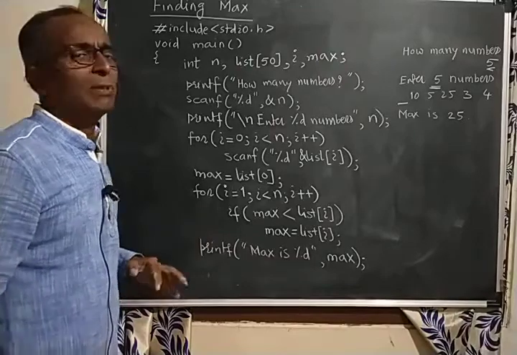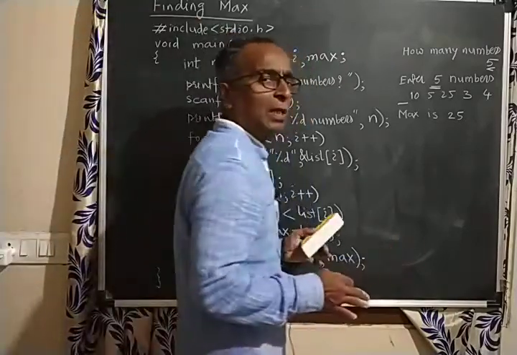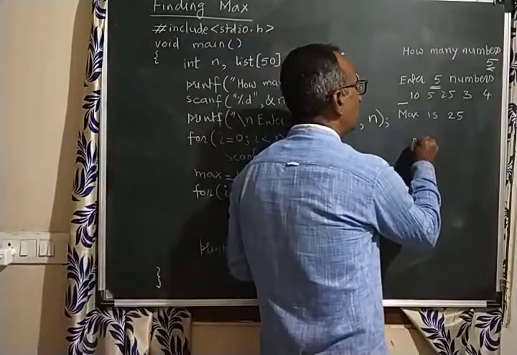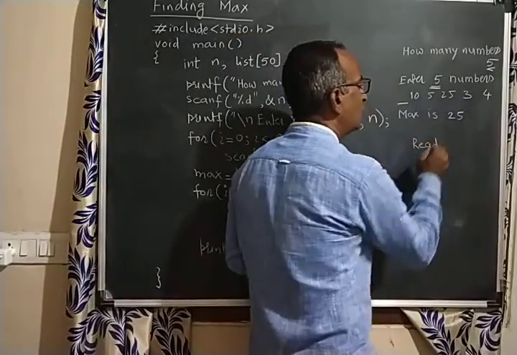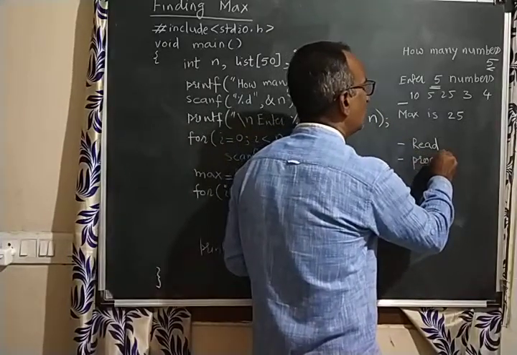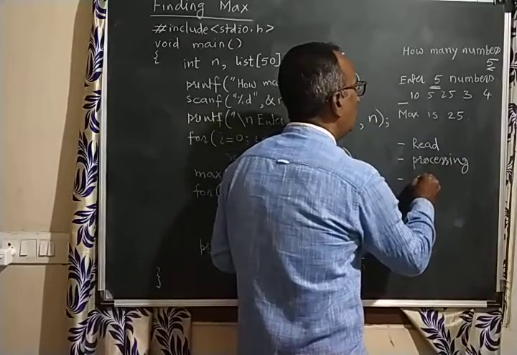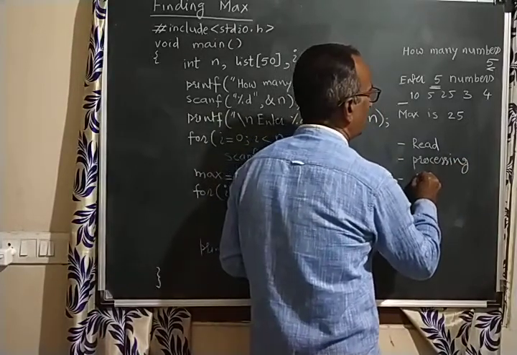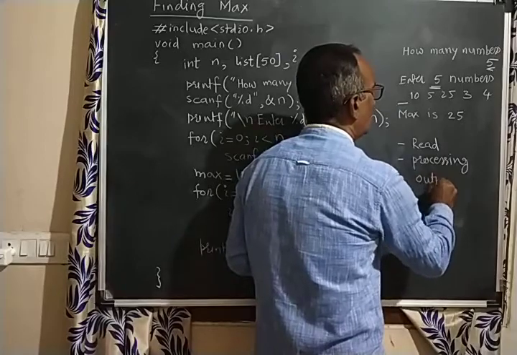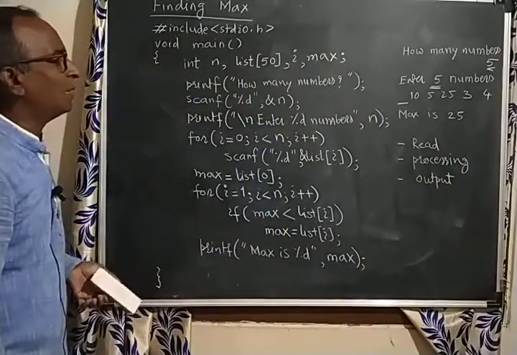So generally whatever program you write, that will be having 3 steps: reading the input, then processing and then printing output. Whatever output you want from that task, these 3 steps will be there.